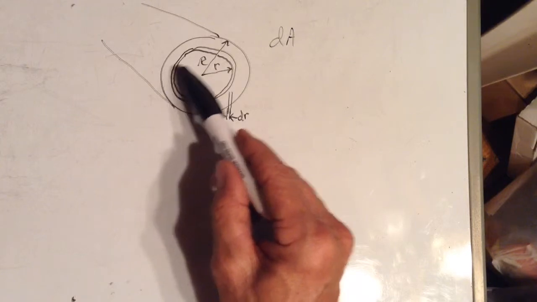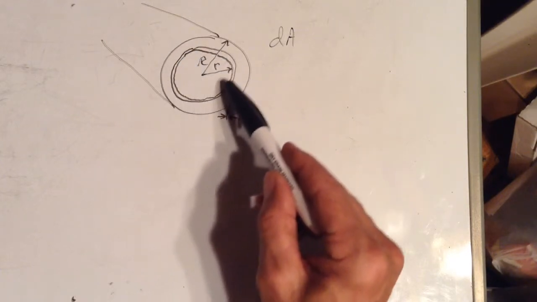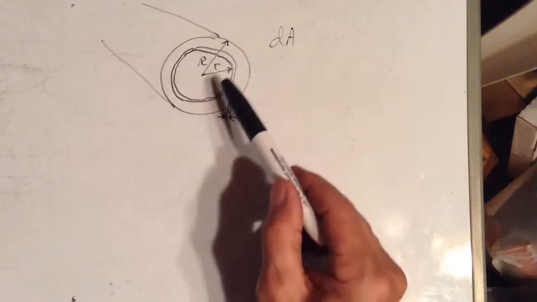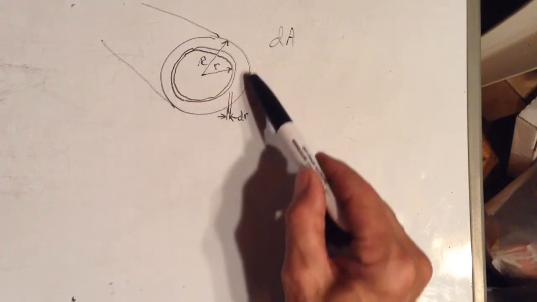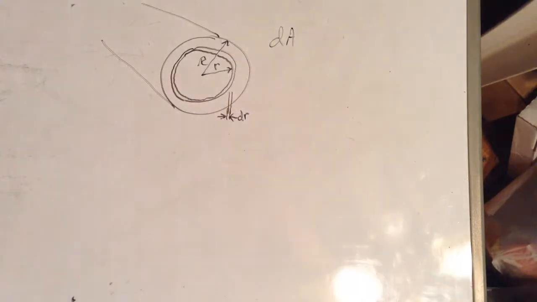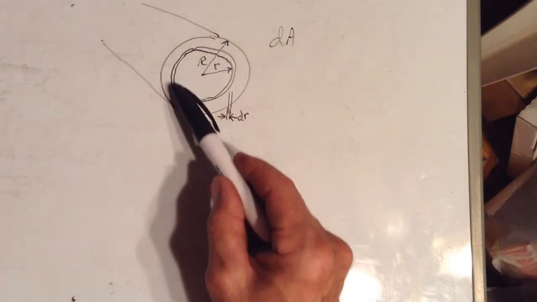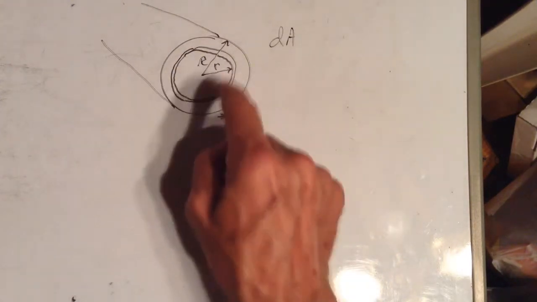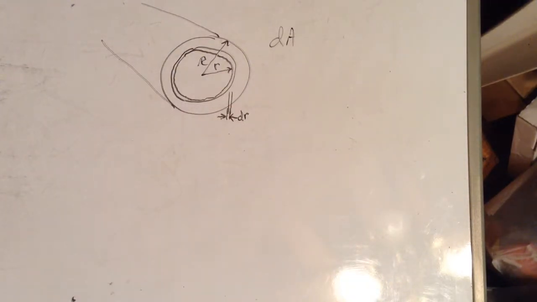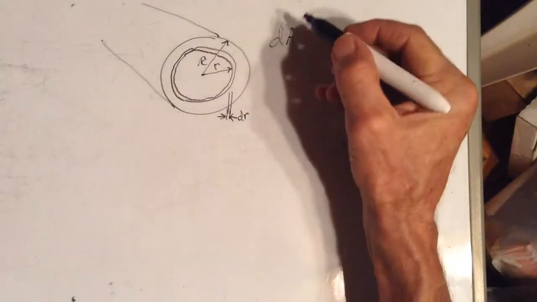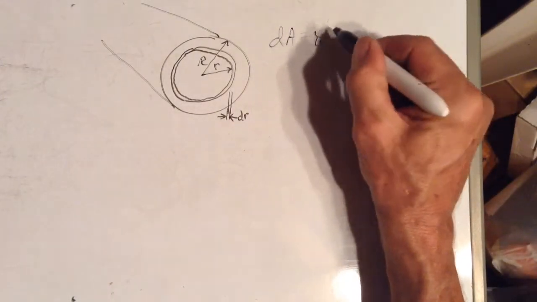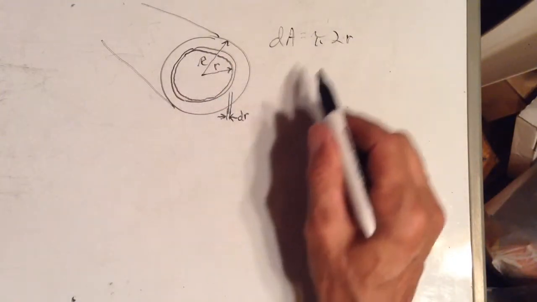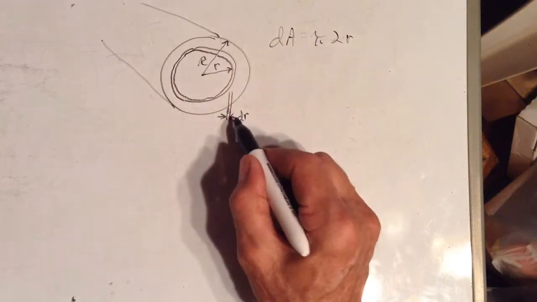If that's 1 inch from there to there, that's 3.141592 inches around the circle. If that's 1 mile from there to there, this is 3.141592 miles around it. So our little increment of area is going to be this circumference, which is pi times the diameter, but diameter is 2 times the radius, so pi times 2r. That's our circumference. Now our area is the circumference times dr.